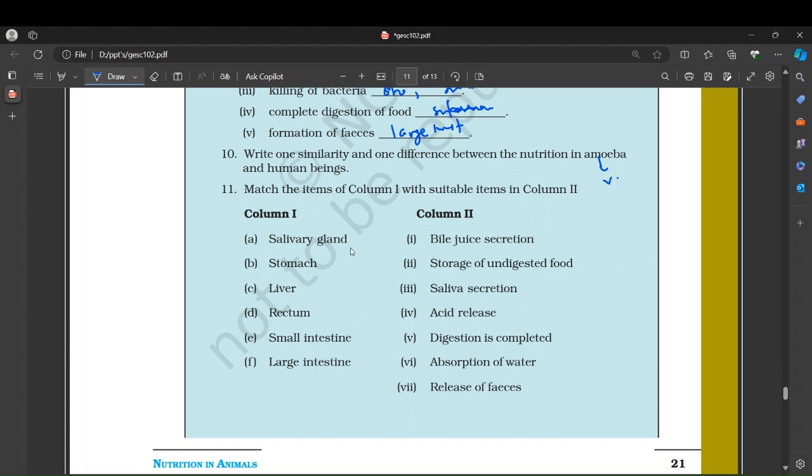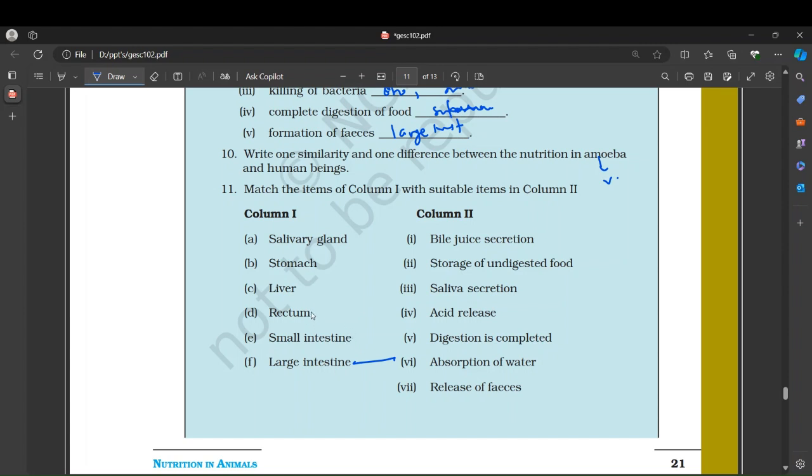Now match the columns: salivary gland, stomach, liver, rectum, small intestine, large intestine. And bile juices secretion, storage of undigested food, saliva secretion, acid release, digestion is completed, absorption of water, release of feces. So for large intestine, we see absorption of water. Then small intestine, digestion is complete.